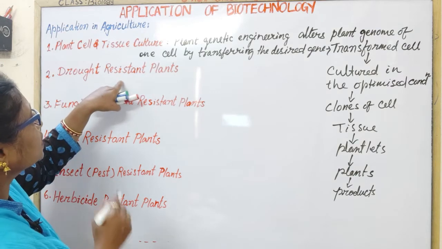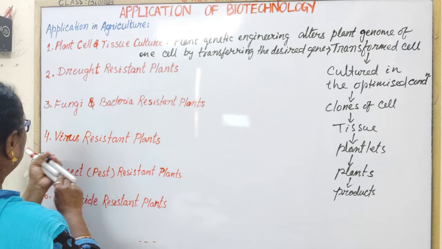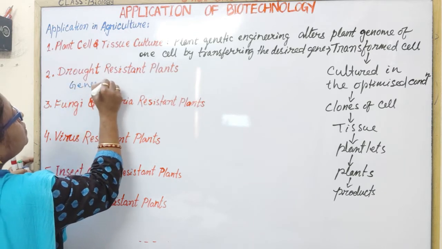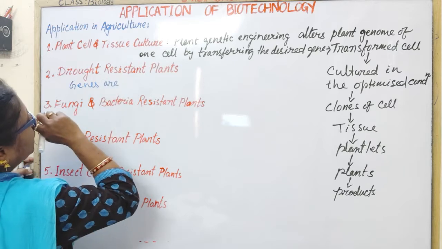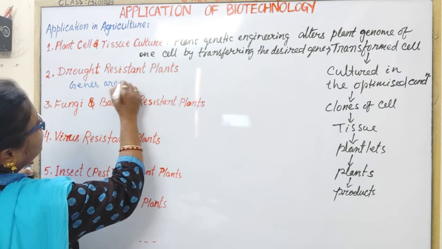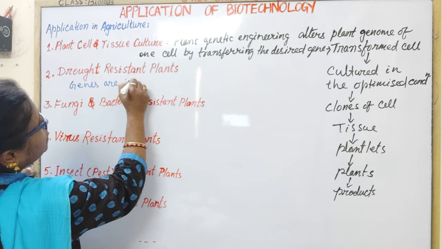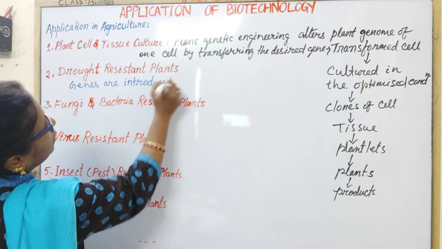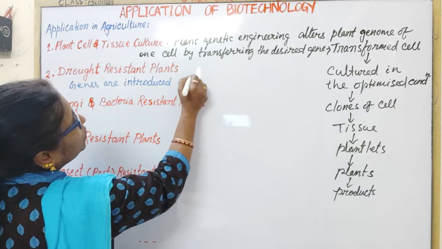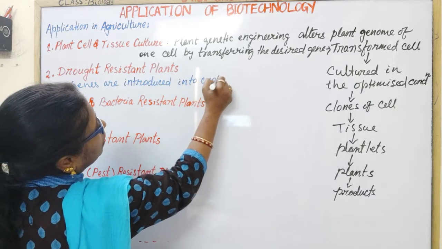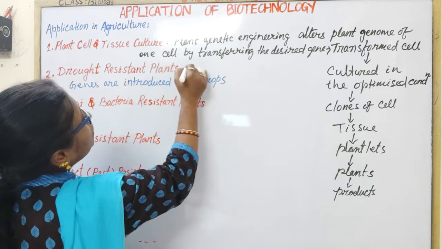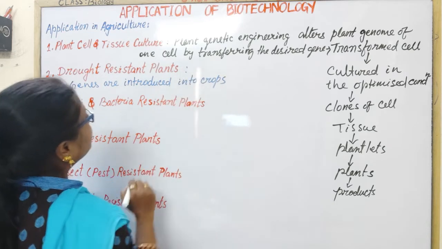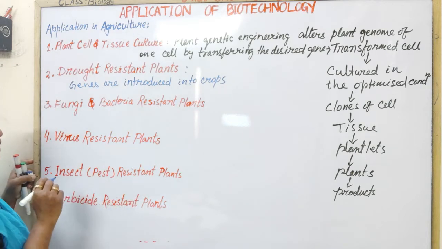So drought resistant genes are transferred. The genes are introduced into the crops. Which genes? The drought resistant genes, the genes of the drought resistant plants.